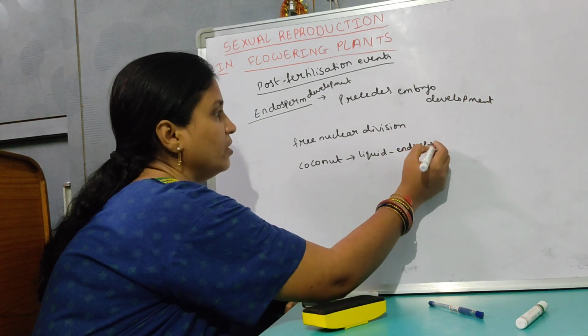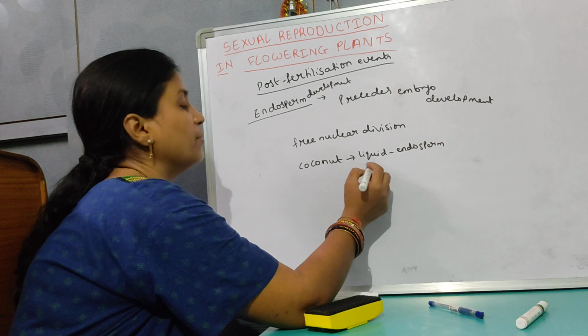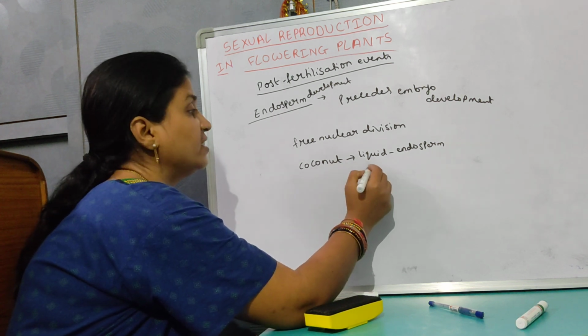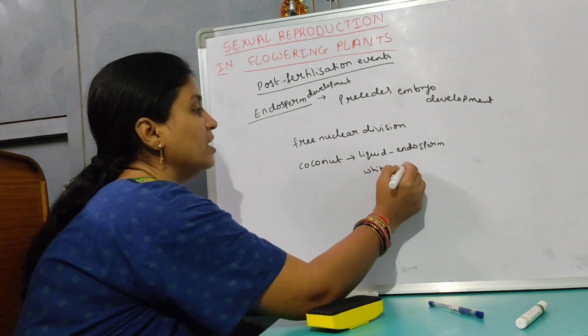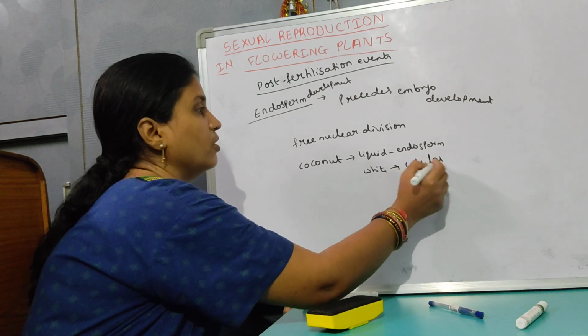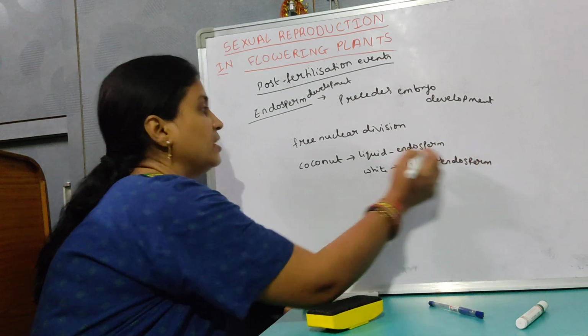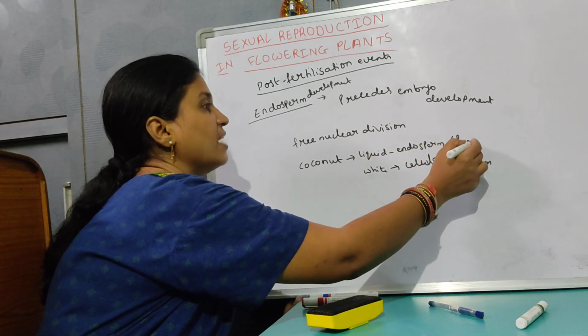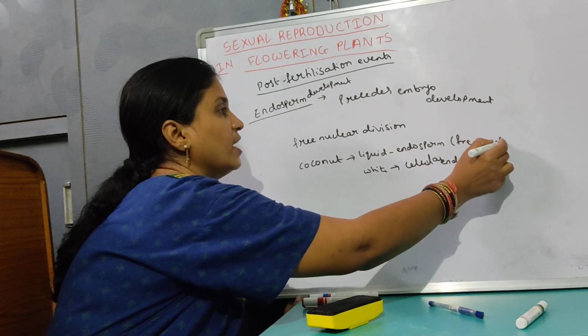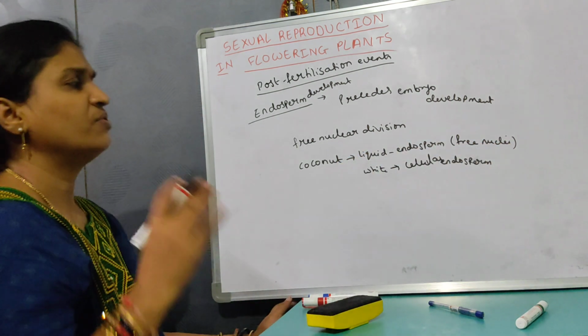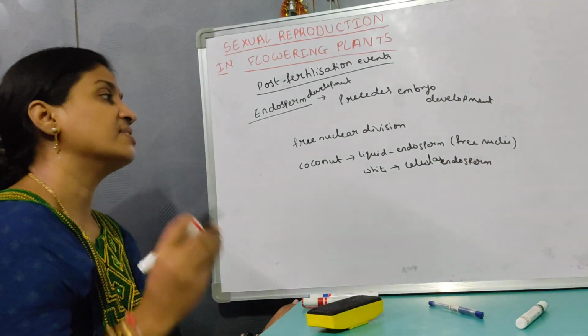Whatever the white color portion is, is nothing but the cellular endosperm, where the cell wall formation has taken place. But here the liquid is having the free nuclei present in it.